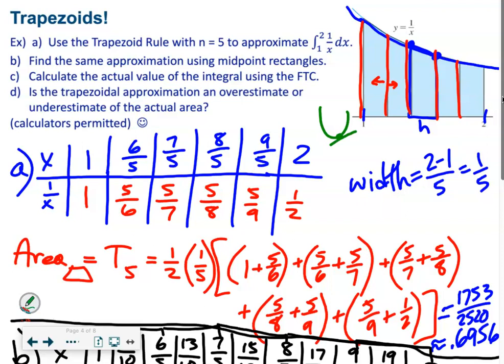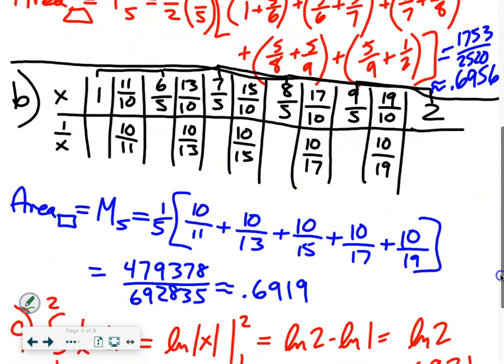But for this, it's a trapezoid. So just put 2 dots on a concave up function and connect them. Is your trapezoid above or below? It's above, right? So how would we answer this?